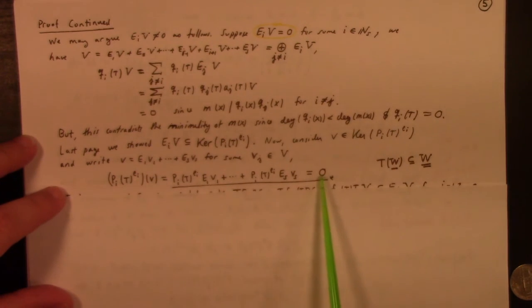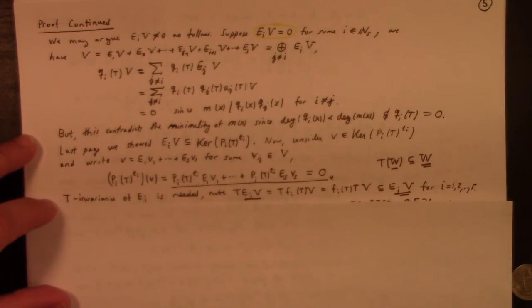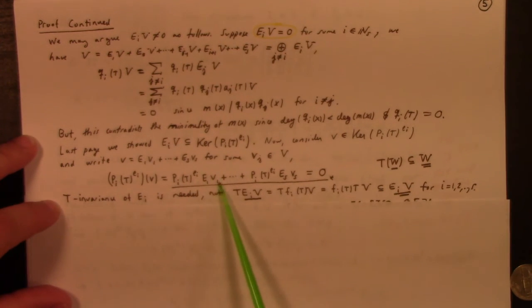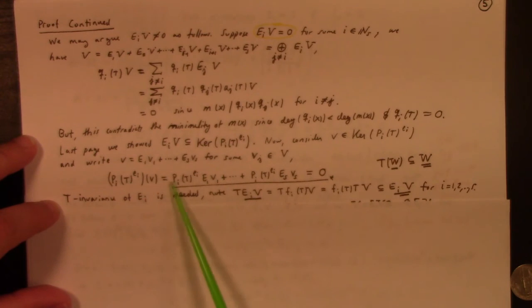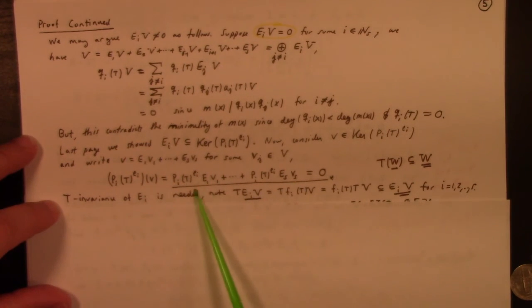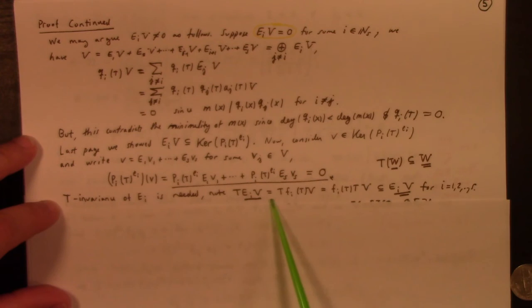That's equal to 0 because we assumed that v was in the kernel. But also, because of the T invariance of E_i, each one of these is in E_1 V, this one is in E_s V, because of the T invariance.